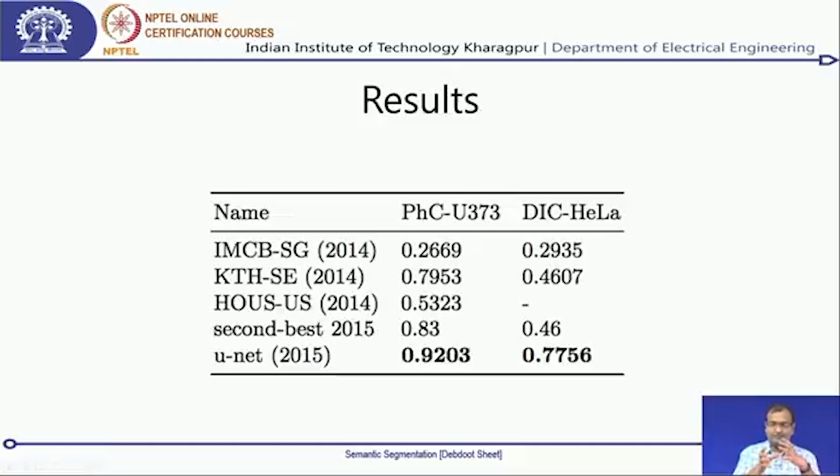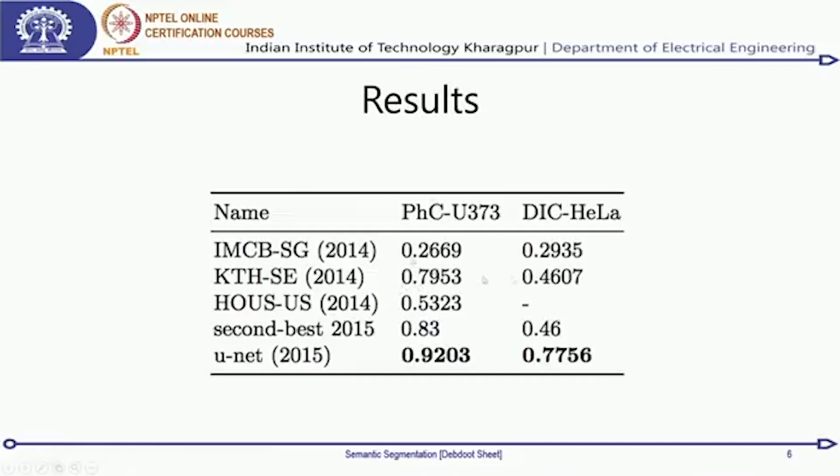The idea is that you find the total number of pixels which are common between the ground truth and your segmentation result, and you divide this by the sum total of all the pixels which are there either in the ground truth or in your segmentation result. So, it is just A intersection B, where A can be your ground truth and B your segmented result, divided by A union B. It is just a modulus count.